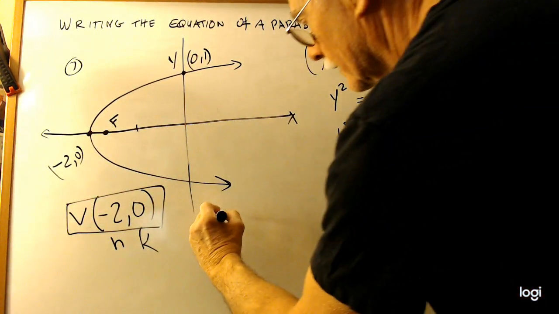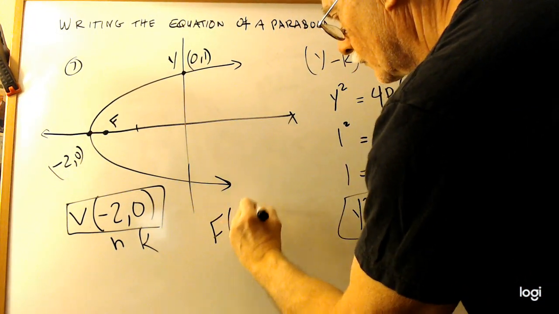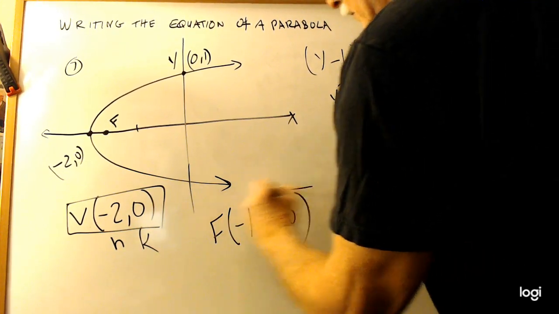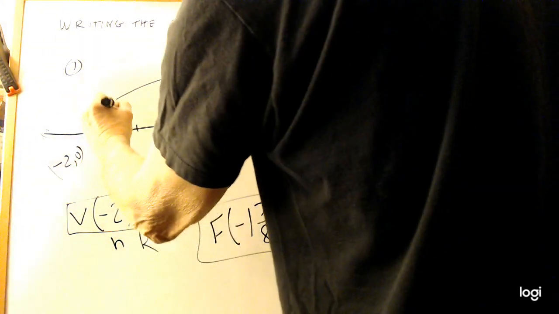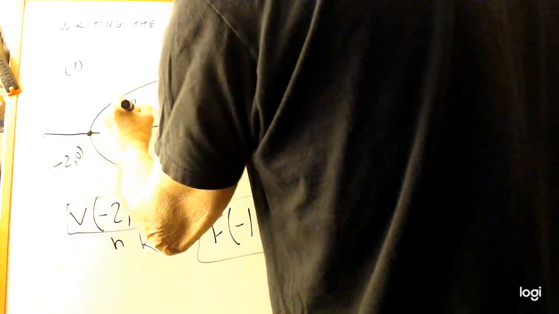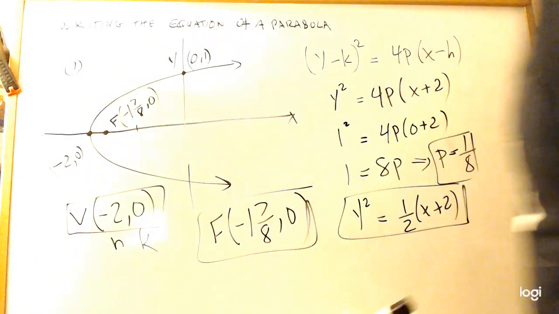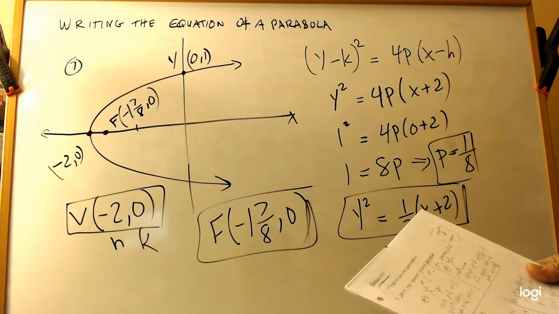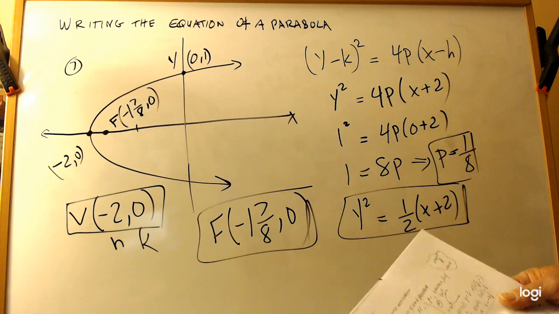So let me write it down here. Focus would be negative 1 7/8, comma 0. So that would be the coordinates of the focus. Okay, and that's not so bad.